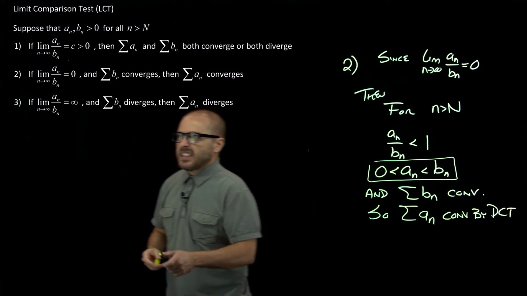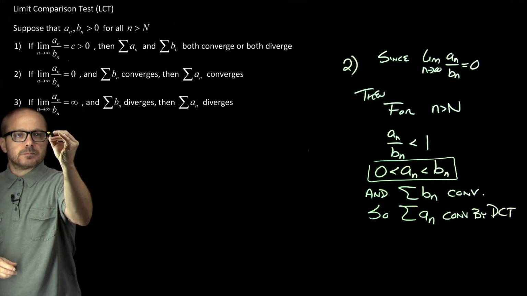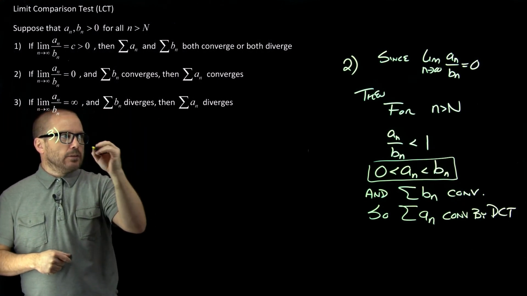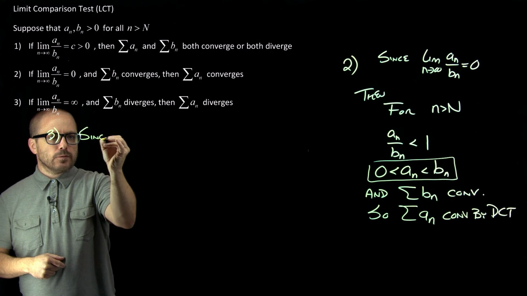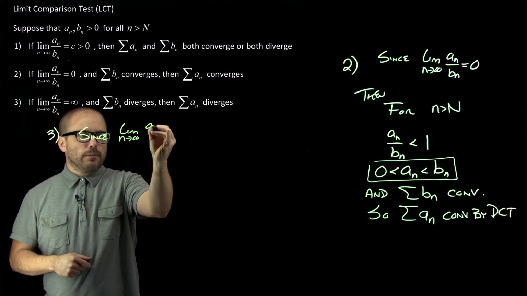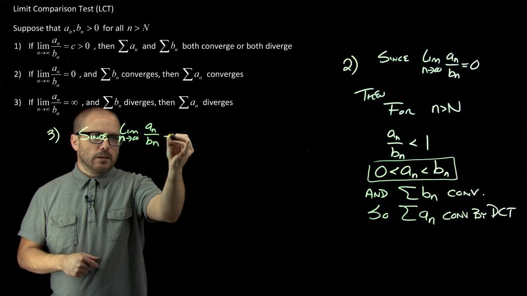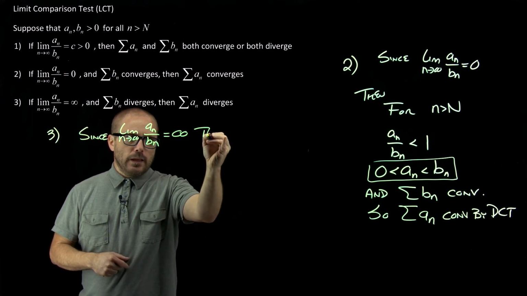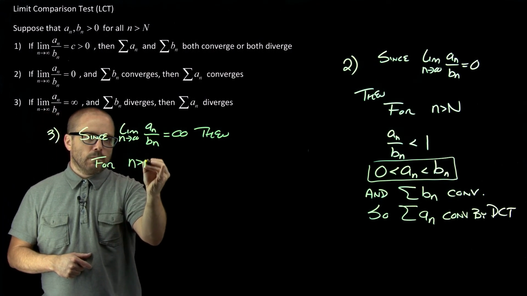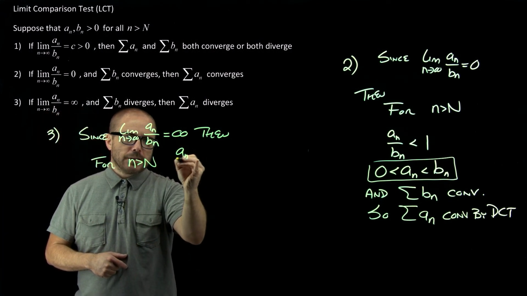Let's look at 3. Well, kind of a similar argument, just reversed. Since that limit is infinity, then for big enough n, that ratio has to be bigger than 1.